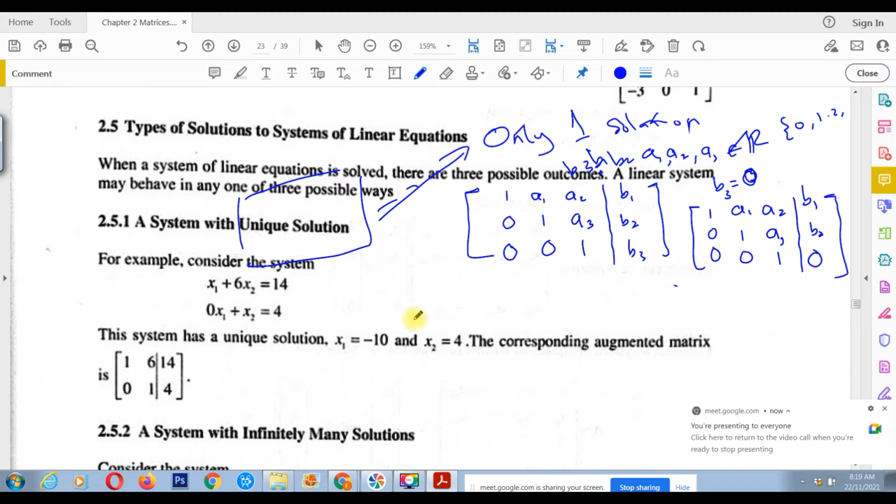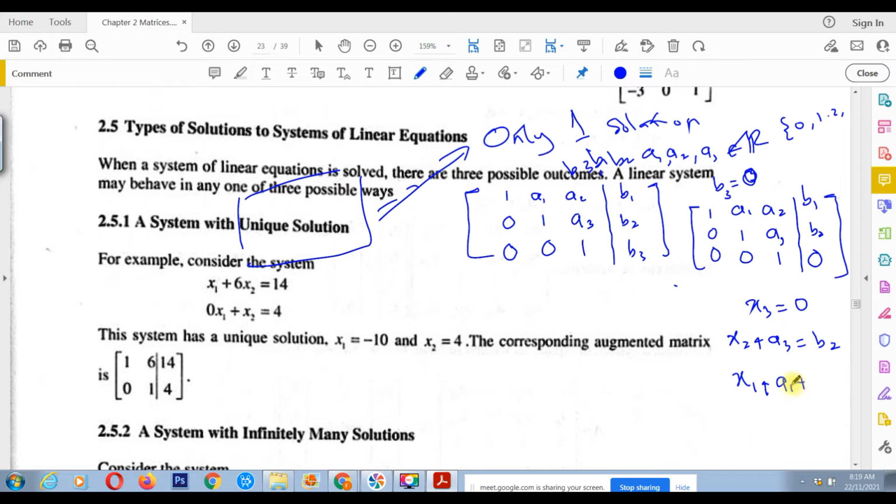So meaning here x3 equals 0, x2 plus a3 equals b2, and then we have x1, a1, x2 plus a2, x3 equals b1.